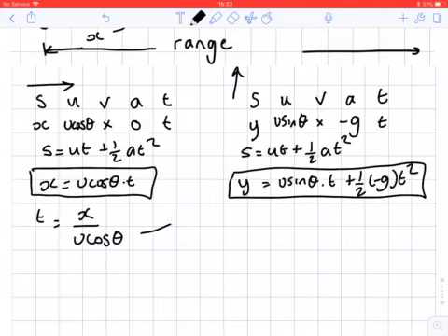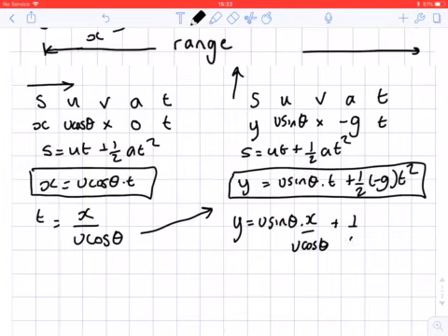I'm going to sub that into there, because remember our t values are common throughout, the time and the x and y are common throughout. So y will therefore be equal to u sine theta multiplied by x over u cos theta, plus a half of minus g and x over u cos theta, squared.